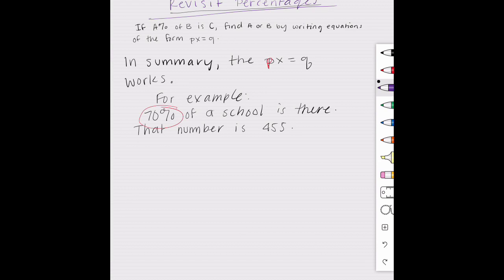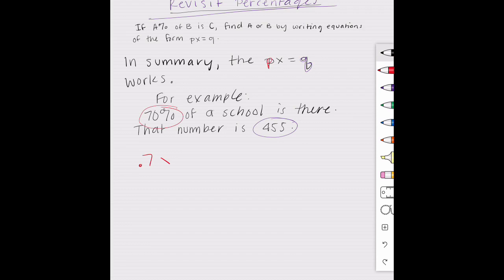Another way to say that is 70% of x is equal to 455. Okay? So we're going to isolate the x on both sides by saying, what's the opposite of multiplication? If you said division, you are right. So we're going to divide both sides by 0.7.